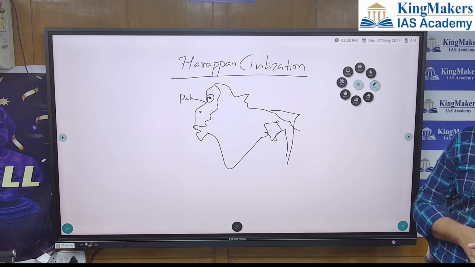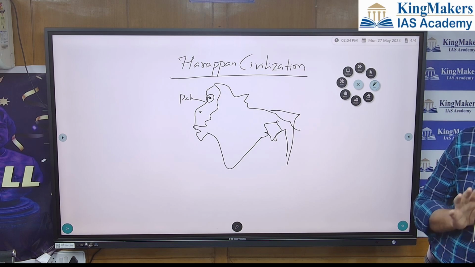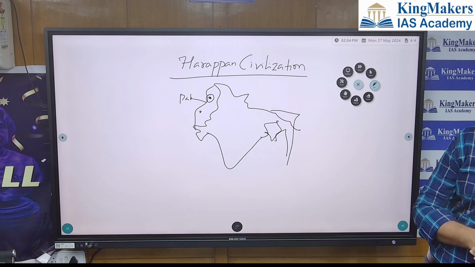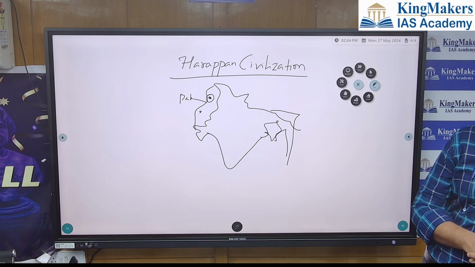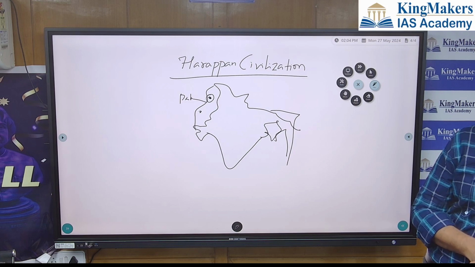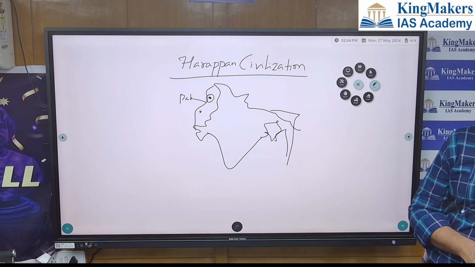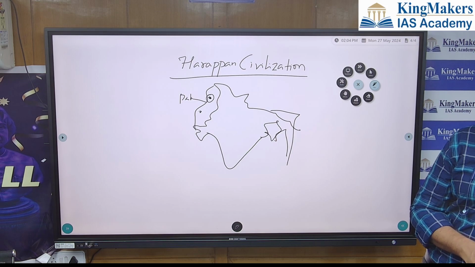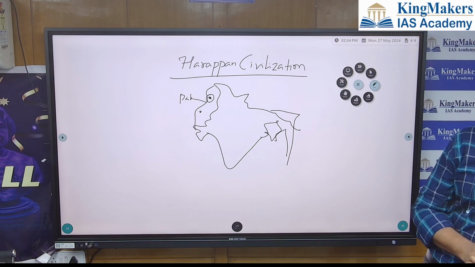He worked on that, and some 80 years back, he told that this place is one of the world's oldest civilizations, and India is also one country in the world which has an oldest civilization. It's not only about Egypt. It's not only about China. It's not only about Iran, Iraq, and India also has one of the oldest civilizations. And he proved it.